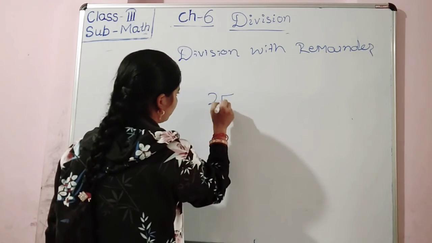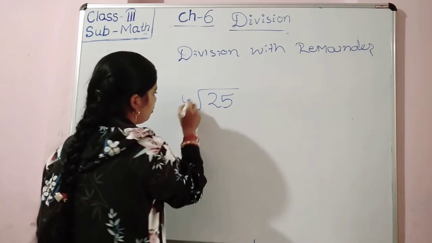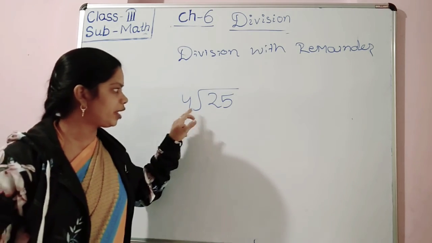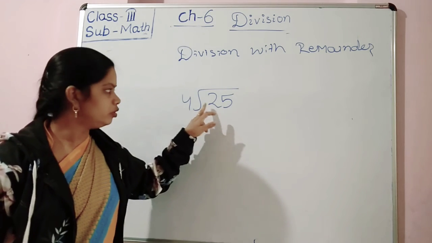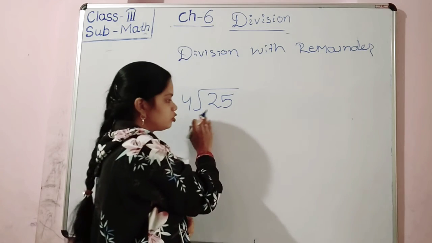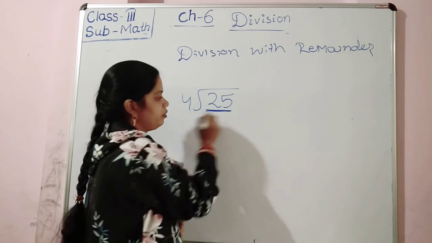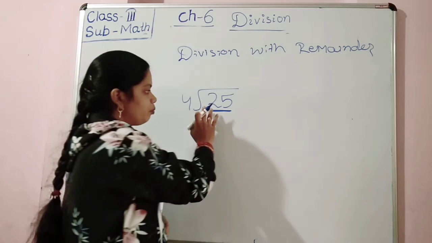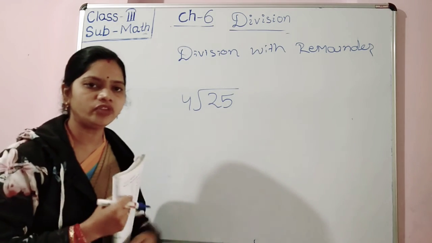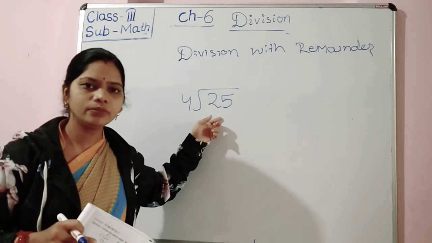Suppose 25 divided by 4. Look, children, here is the 4 and in the ones place is 5. So 4 is greater than 2, so you take both digits, 25. Read the table of 4. Where do we get 25?